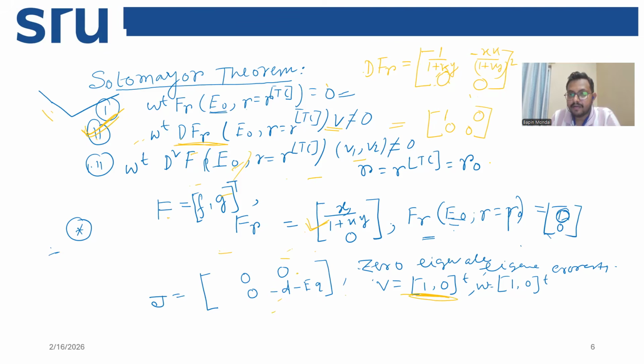If we multiply by 1, 0, we have 1, 0. And again multiply by WT, where WT is 1, 0. If we multiply, we have 1, which is not equal to 0. So our second condition is satisfied.